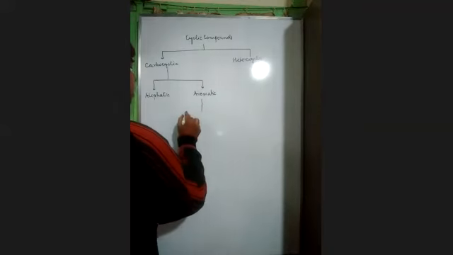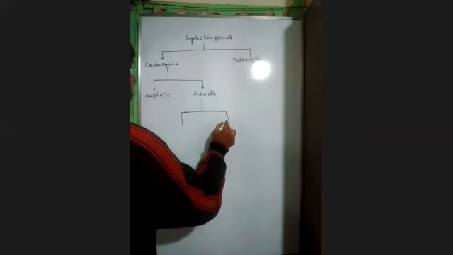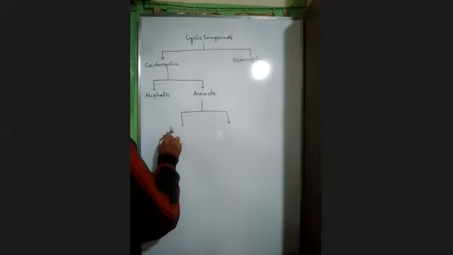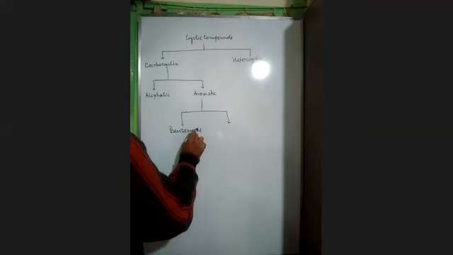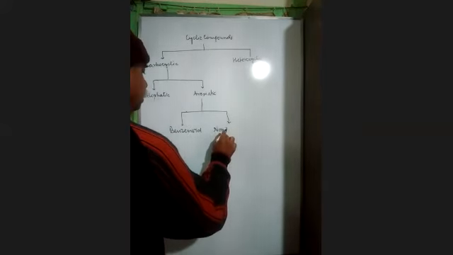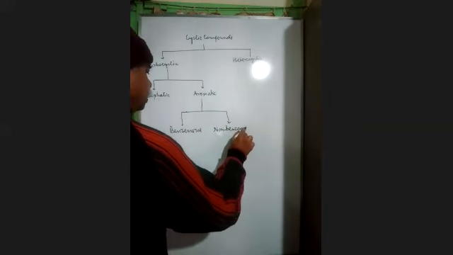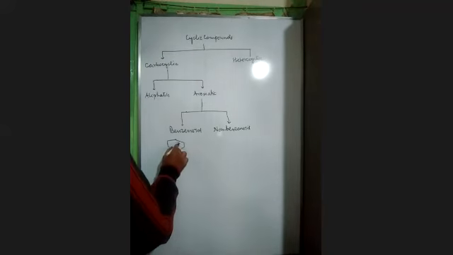Now, aromatic can again be classified into two categories. We call it benzenoid, and the second one we call non-benzenoid. Benzenoid means these are the substances which contain a 6-membered ring.